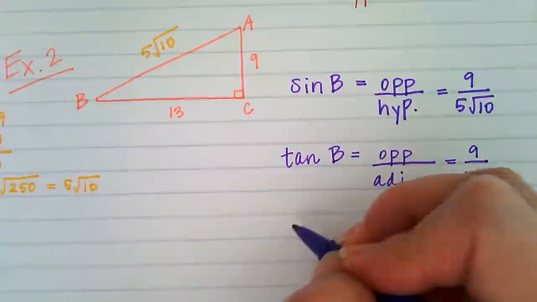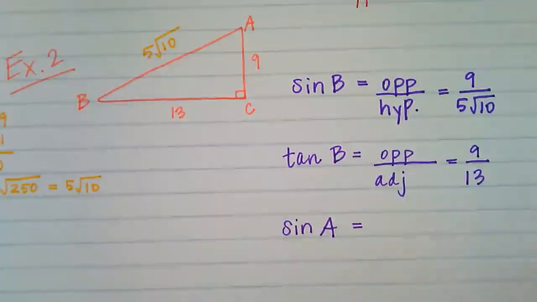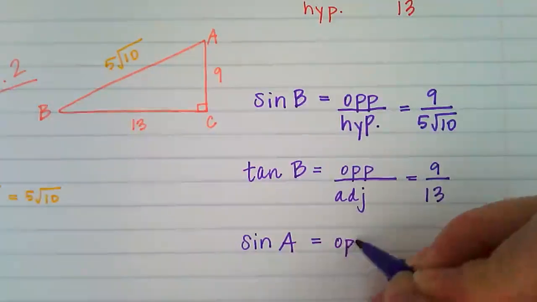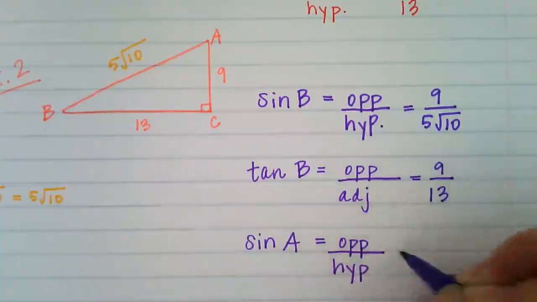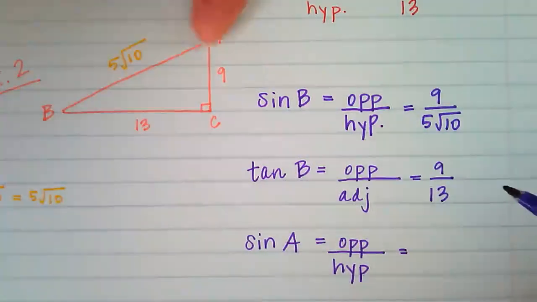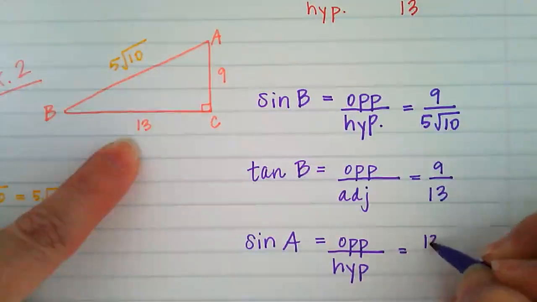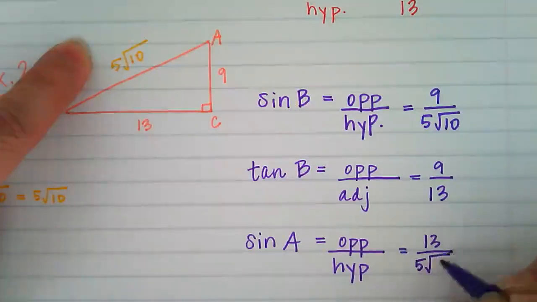All right. Let's try the sine of angle A. So from angle A, the sine is opposite over hypotenuse. So from angle A, the opposite side is 13, and the hypotenuse is 5 square root 10.